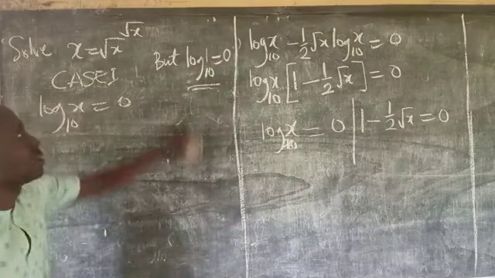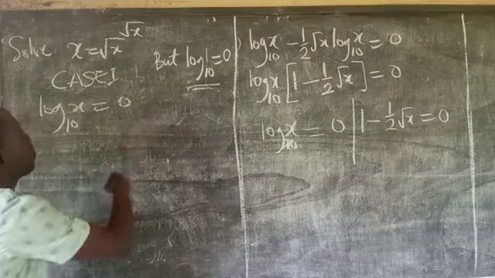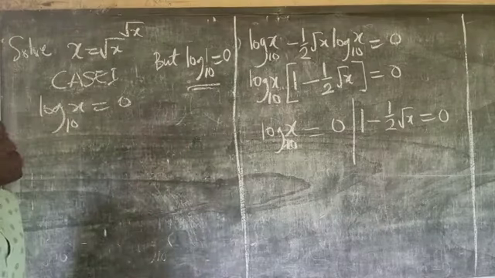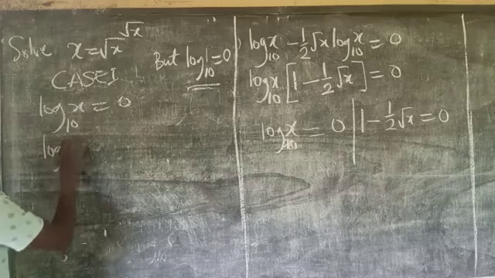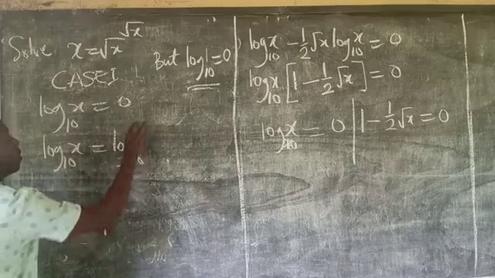Yes, this is the standard form, one of the laws of indices. So if this is correct, anywhere we have 0, why not replace it with log 1 base 10? That is to say, log base 10 of x equals log base 10 of 1.